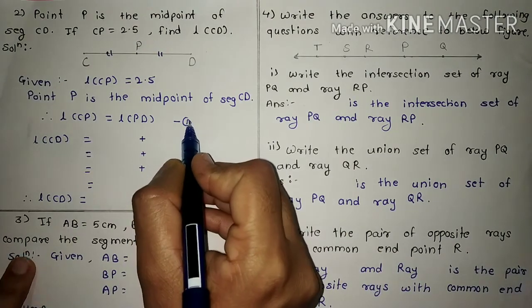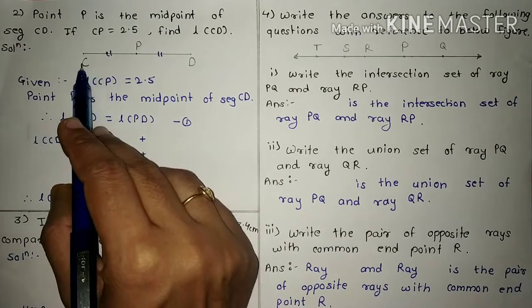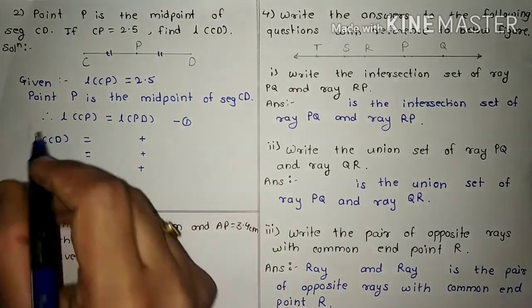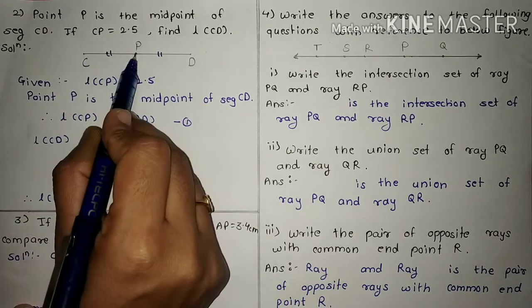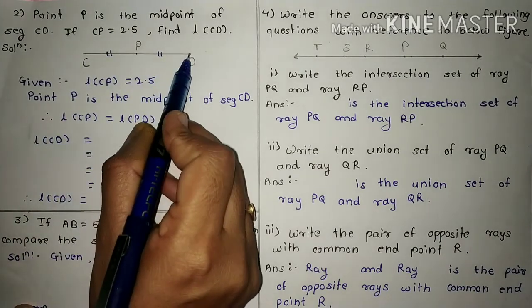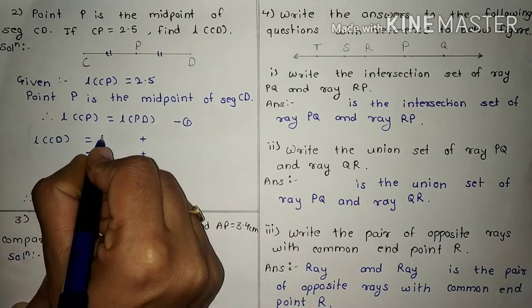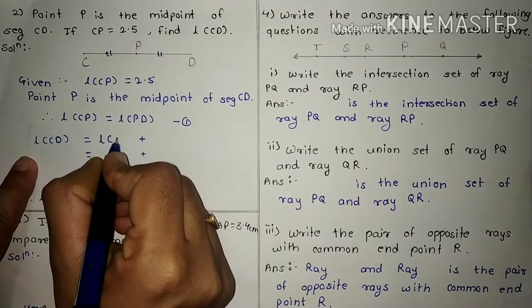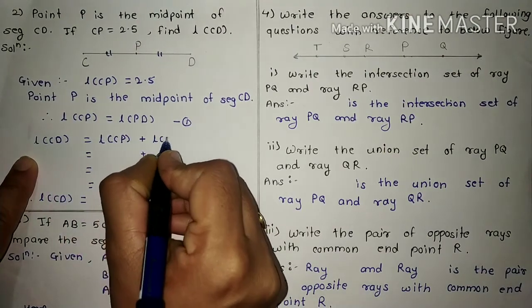This is number 1. Now we have to find length of segment CD. Therefore, length of segment CD is length of this segment plus this segment. That is, length of CD equal to length of CP plus length of PD.